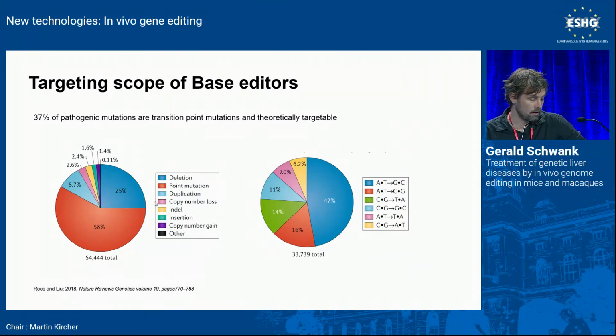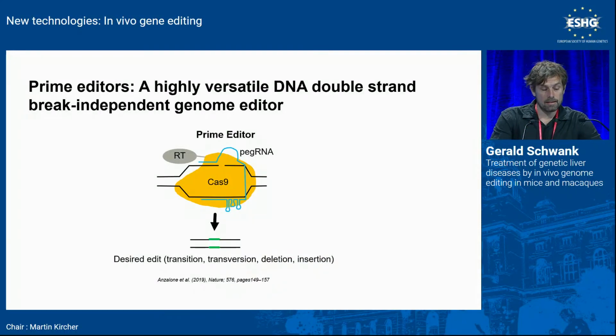If you look at the ClinVar data set, about 60% of pathogenic mutations are single point mutations, and about, again, 60% of the single point mutations are transition point mutations that are in principle correctable with base editing. So overall, about 35 to 40% of pathogenic mutations are theoretically targetable. Now, what about the other 60%? Here, other technologies are needed.